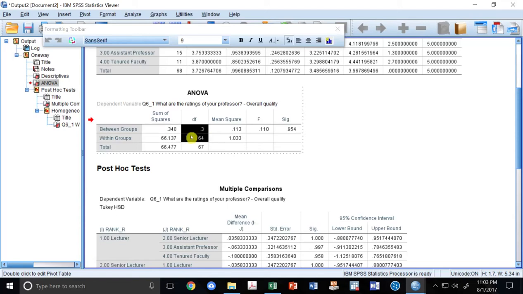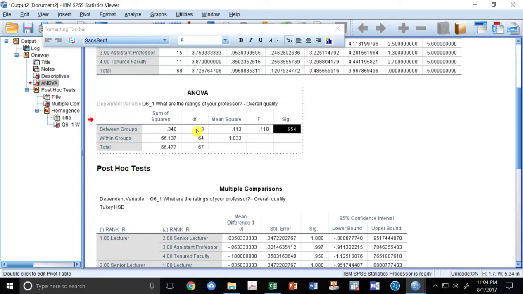But we have our between groups degrees of freedom: remember that formula, we have 4 groups minus 1, which gives us degrees of freedom of 3. And in this one, we have a sample size, or an N, of 67, minus 3 groups, and that gives us degrees of freedom within of 64. And then mean square we're not going to concern ourselves with. So what we want to know is this F statistic and the significance level.